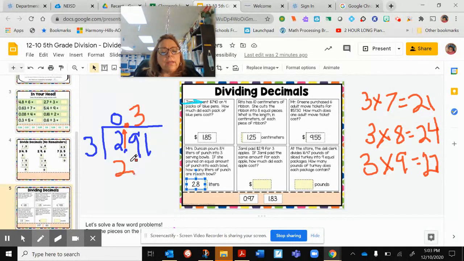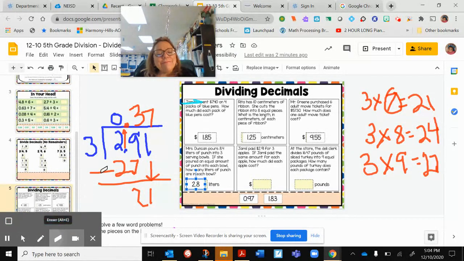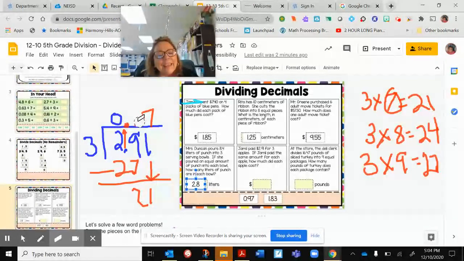So subtract that out. How many do I have left over? Very good. You're going to have 2/10 left over. I can cash those in for 20 hundredths. Bring down my 100ths. I have 21 hundredths. Look at that right here, guys. It's going to be 7. So my answer. Oh, did you see what I just did? I put the 3 up here. I finally caught it.